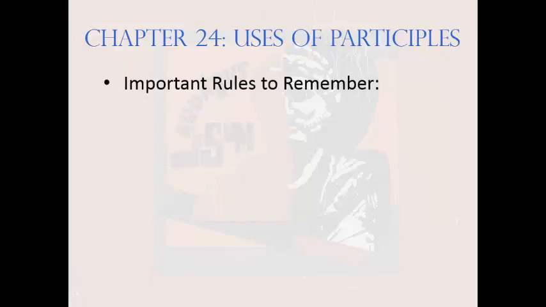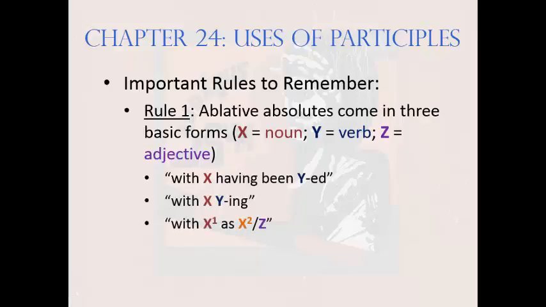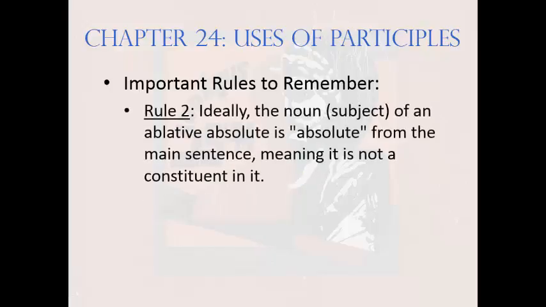There are 4 important rules to remember in this chapter. Rule 1. Ablative absolutes come in 3 basic forms: with x, a noun, having been y'd, y being a verb; with x y-ing; and with x as x2 or z, where x2 is a second noun and z is an adjective. Rule 2.